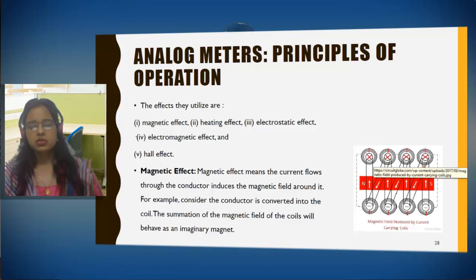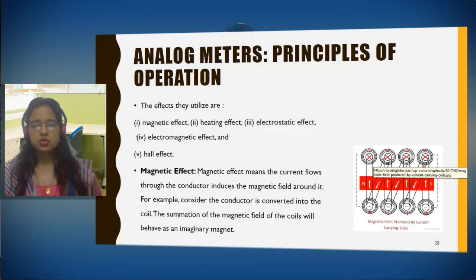The current flowing in the conductor will generate another magnetic field. So this magnetic field and the magnetic field which was already there will interact, and there will be a distortion of the magnetic field lines.